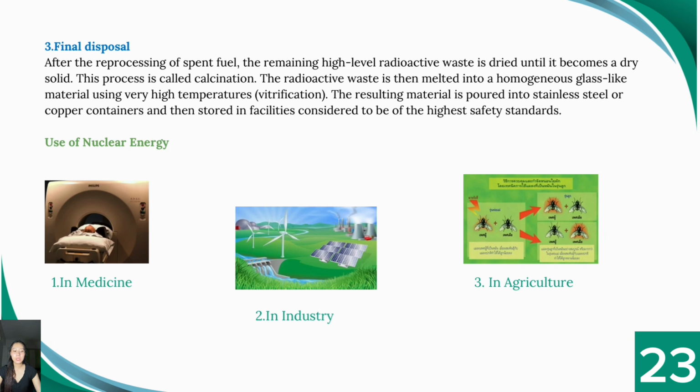The radioactive waste is then melted into a homogeneous glass-like material using very high temperature. The resulting material is poured into stainless steel or copper containers and then stored. Storage is considered to be of the highest safety standard.